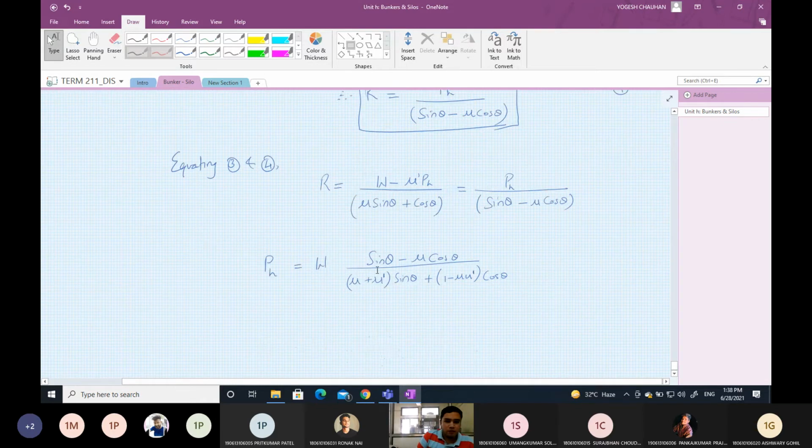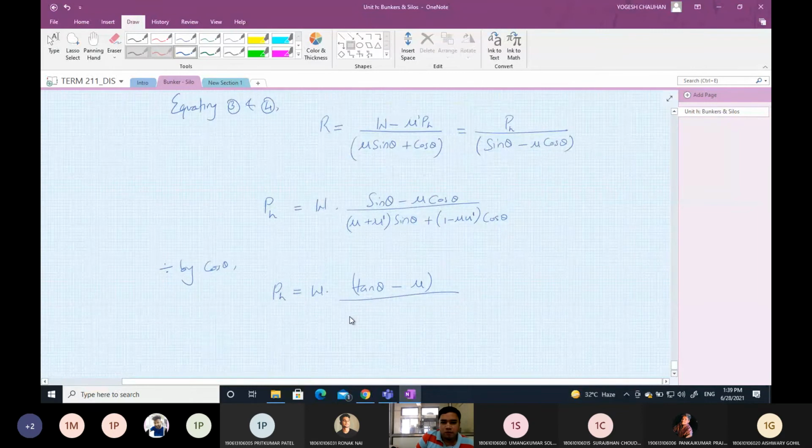Now dividing the numerator and denominator by cos theta, we get pH is equal to W times, this sin theta upon cos theta will be tan theta minus mu whole divided by mu plus mu dash tan theta plus 1 minus mu dash.